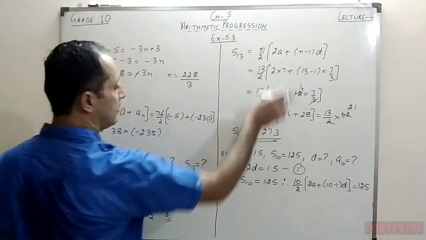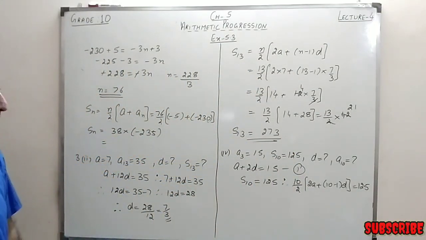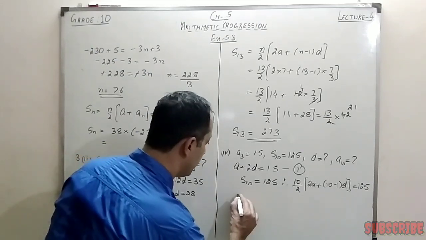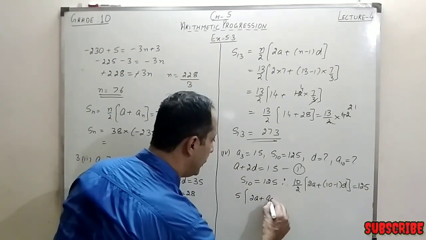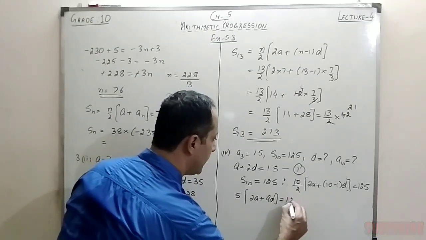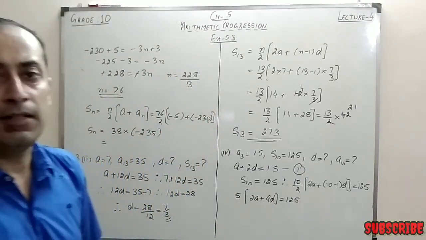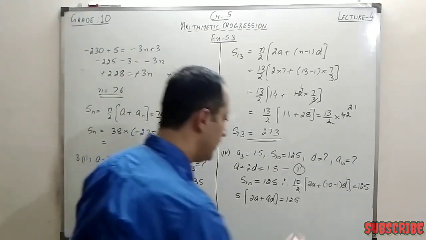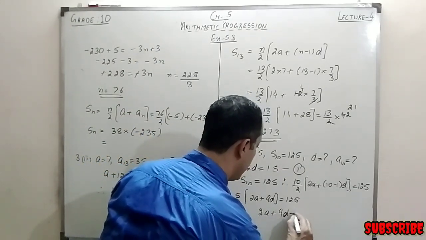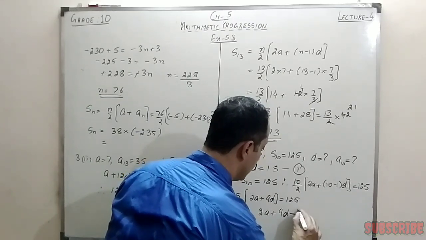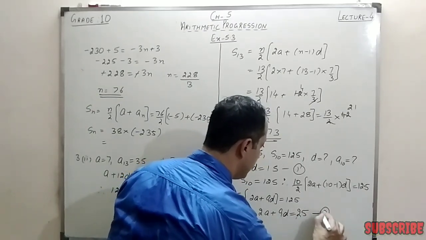I have used this relation here, right? So when I simplify this, what I get, 10 by 2 is 5 into 2a plus 9d equals to 125. And now what I can do, I can just divide by 5 on the right side, and this will be 2a plus 9d equal to 25. This is my second equation.